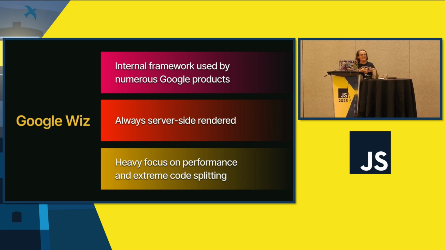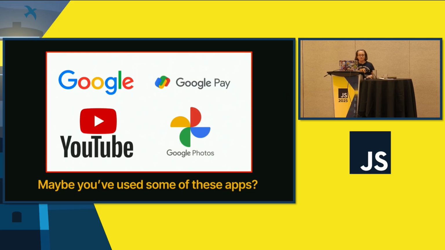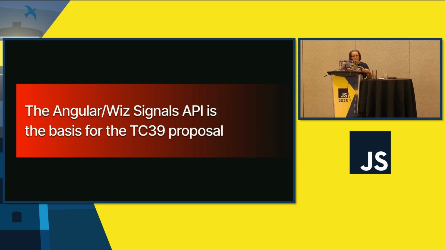But they had a need to have something like signals in Wiz at the same time that Angular recognized their need to have something like signals in Angular. Since they're both Google products, they collaborated. So if you've used any of these apps in the last couple years, you have used the Angular Signals API in your daily life. And in fact, the Angular Wiz Signals API is the basis for the TC39 proposal.